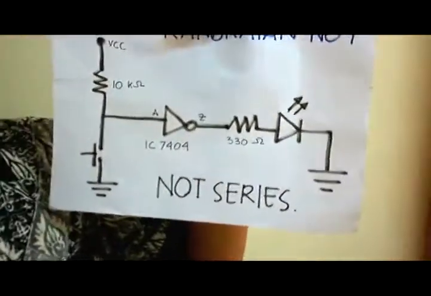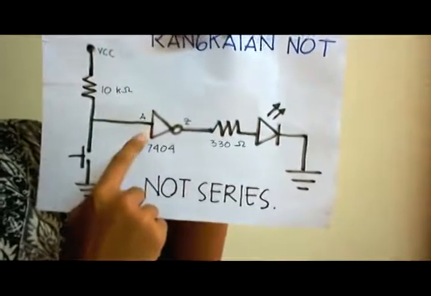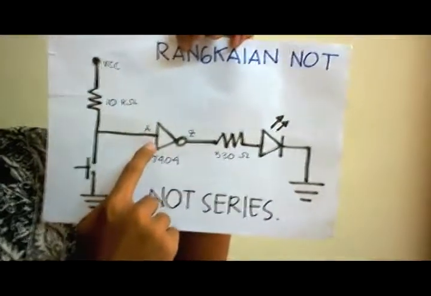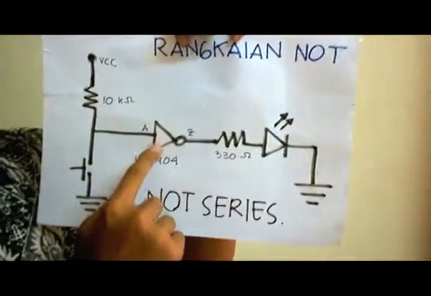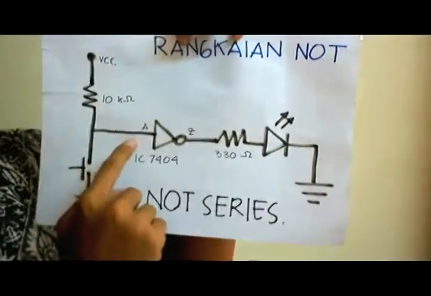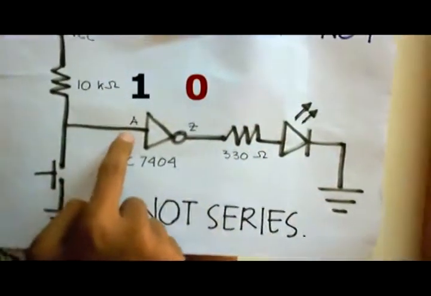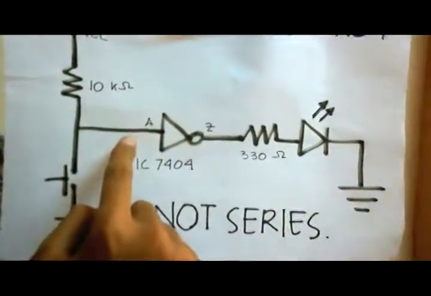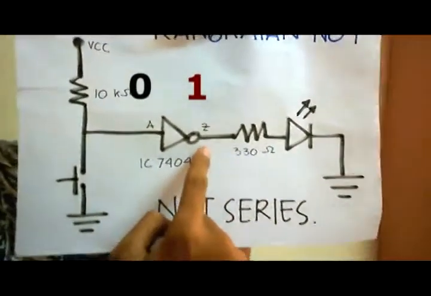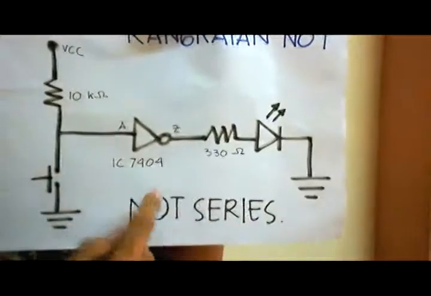Now how does the NOT logic gate circuit work? The NOT logic gate circuit works to negate the input A. So if the A input is 1, the output will be 0. If the A input is 0, the output will be 1. You can find the NOT logic gate in IC 7404.